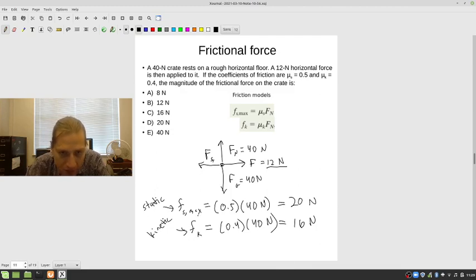Notice that this is a maximum amount. It's not just a number that you can use without applying a little bit of thought. So, if my object is just sitting there and it's not accelerating because I haven't applied enough force to get it unstuck, that means that the total force in the x direction is going to have to be 0. Hence, if this is 12 newtons, the force of friction also has to be 12 newtons.